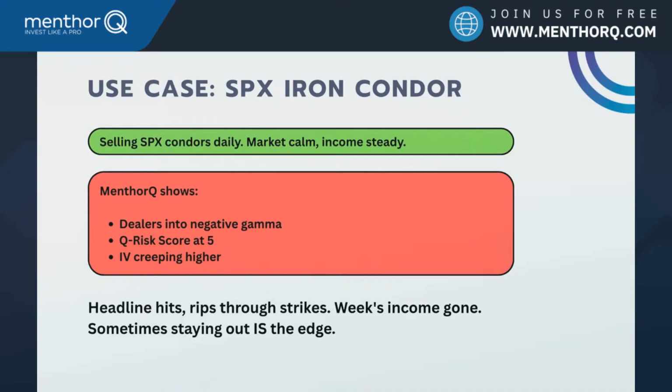The volatility score is now at 5, which is a high volatility regime, and implied volatility is also growing. You think it's just another day and you want to sell your condor and take your premium. But one headline could cause the SPX to rip through your short strikes, and weeks of income are gone in a single session.